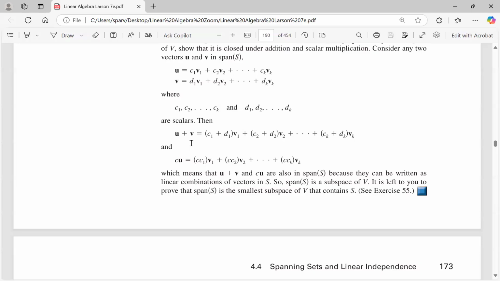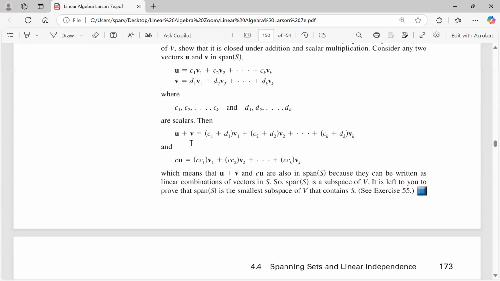And if two sets span different subspaces, then that means some vectors in one span cannot be written as a linear combination of vectors in the other span.